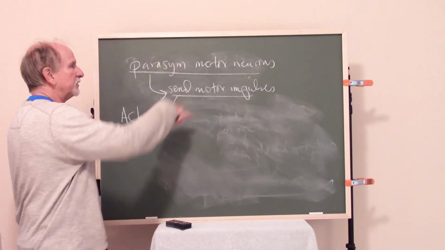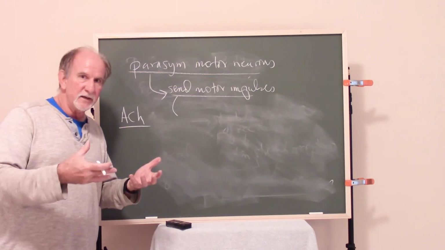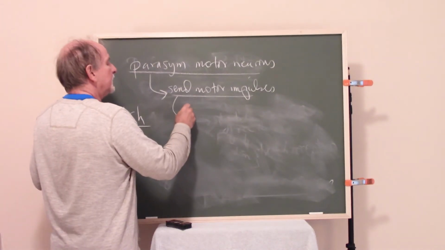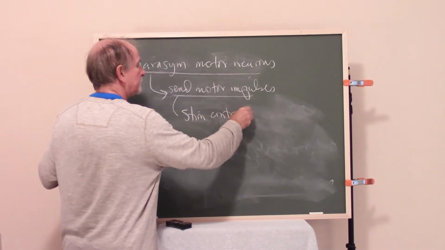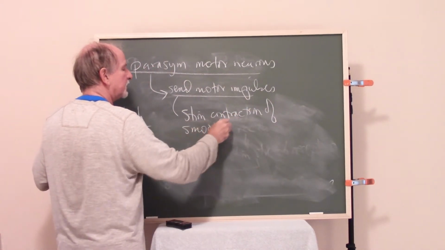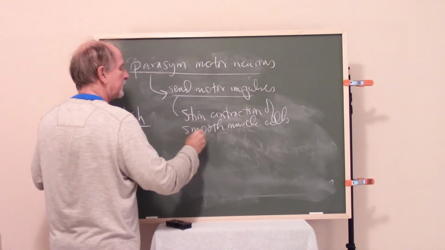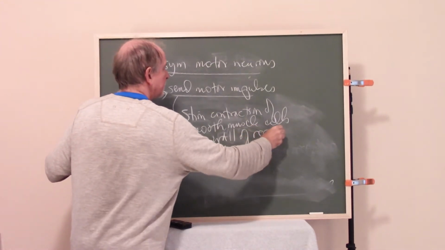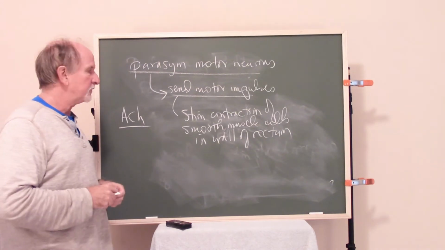So the motor impulses that travel out from the parasympathetic motor neurons that originate in the spinal cord travel out to stimulate the contraction of smooth muscle cells in the wall of the rectum. These would be smooth muscle cells in the muscularis layer.